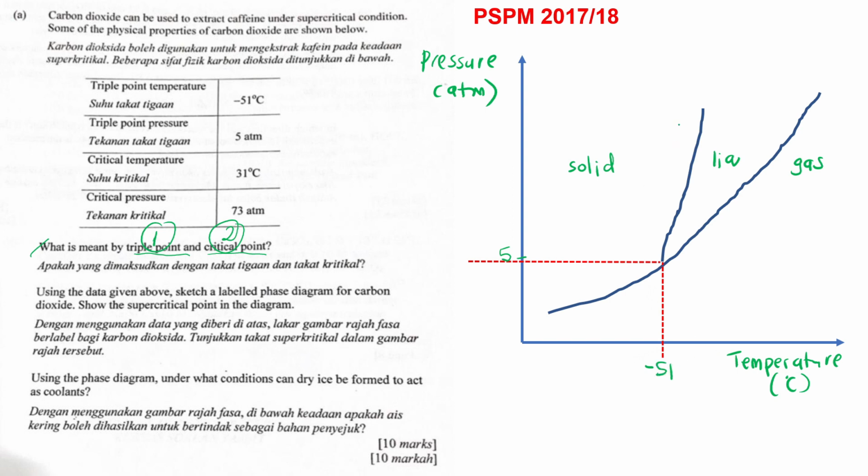For the critical point, temperature is 31 and pressure is 73.